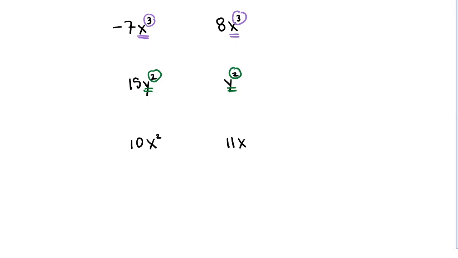It is true that these two terms have the same variable, this variable x, but this one has an exponent of 2, and this one has an exponent of 1 essentially. When there's no exponent there, it's really implying that there's an exponent of 1. Because these two terms have different exponents on this variable x, these are not like terms.